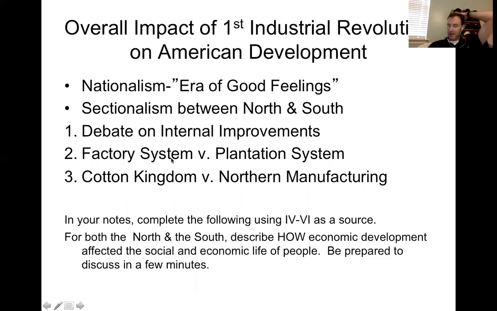Factory system that's going to define the northern economy because of things like the rise of textiles in more detail, as opposed to the plantation system. Okay? So labor is going to play a big role with that. Okay? Free labor in the north, and unfortunately, the development of slave labor, or the further development of it, guys.